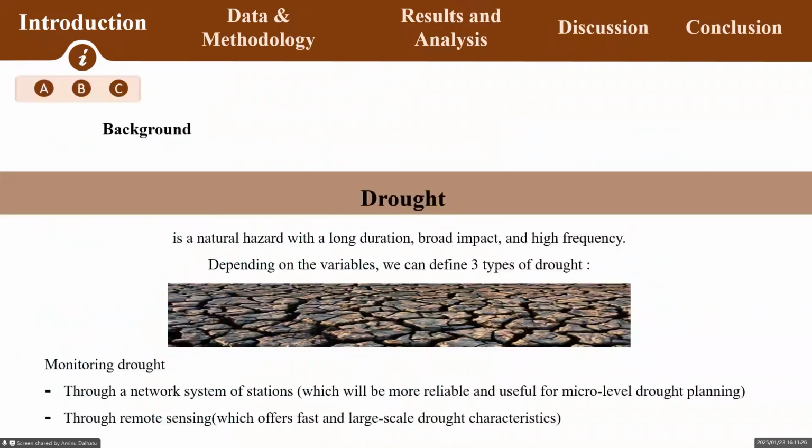Okay. Now, to better understand the study, let's start by defining two keywords that are going to be repeated the whole time. The first one is drought. Can you tell me what comes to your mind when you hear drought? Most of the people I heard say it's lack of precipitation, no water in the region, or something like that.